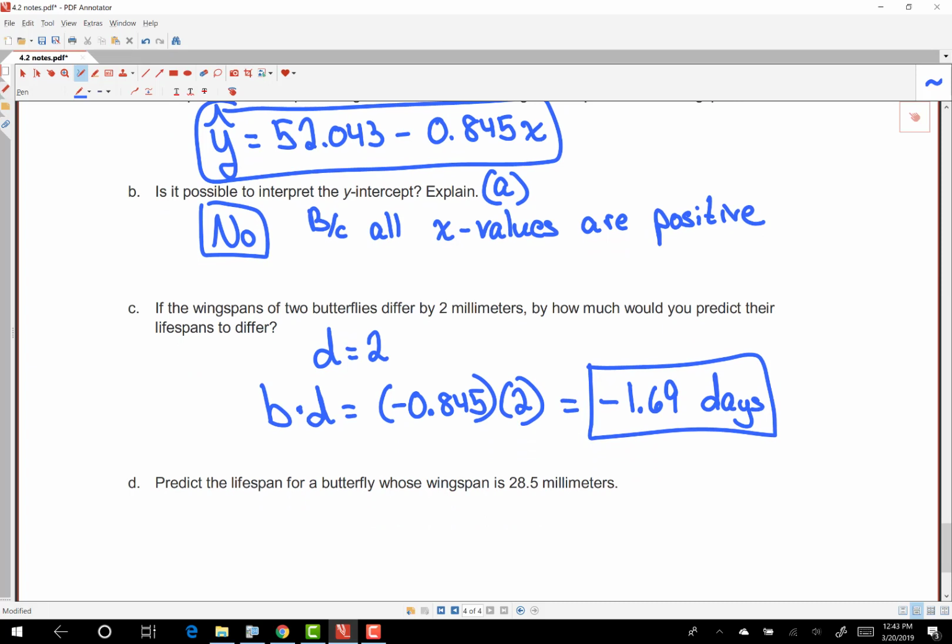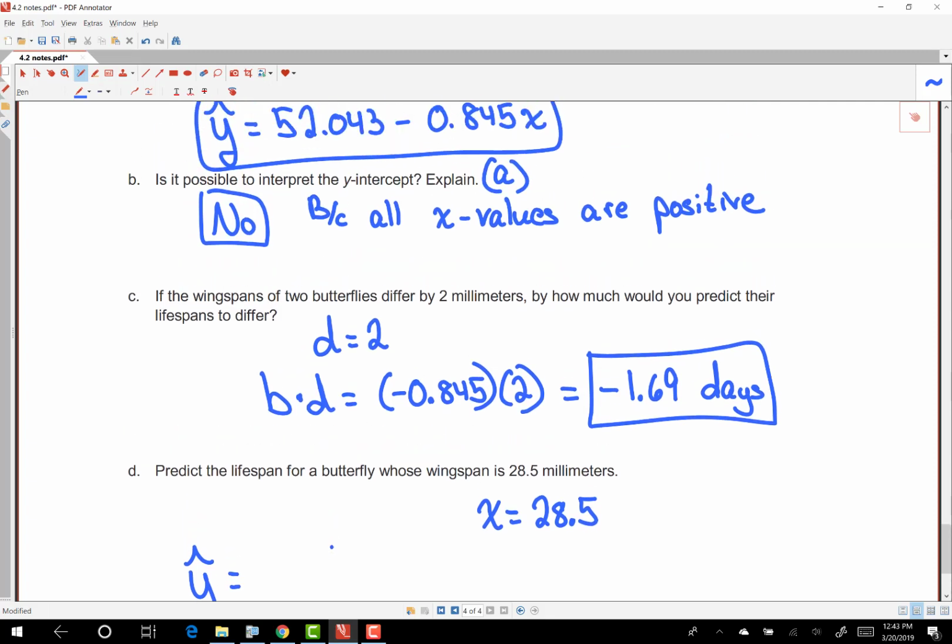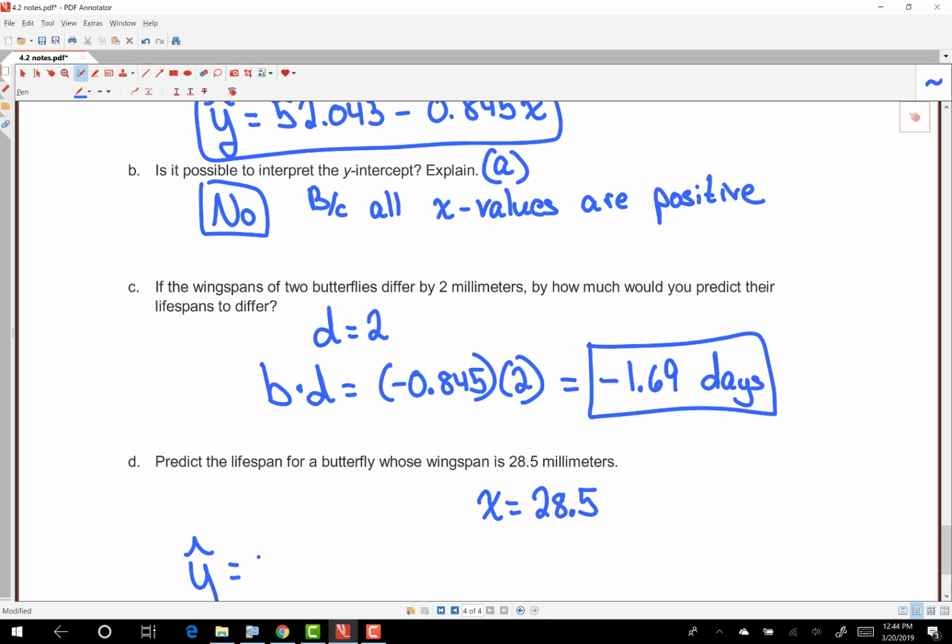And then finally, for the last question, predict the lifespan for a butterfly whose wingspan is 28.5. So x is 28.5, and if you go back and look at all your x's, 28.5 is within the range of my x's, so it makes sense to use our line to make a prediction. So y hat will be 52.043 minus 0.845 times 28.5.